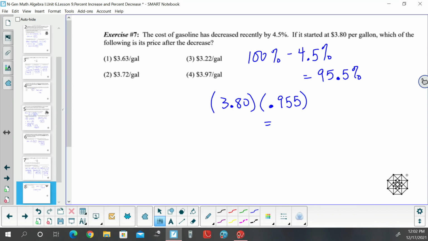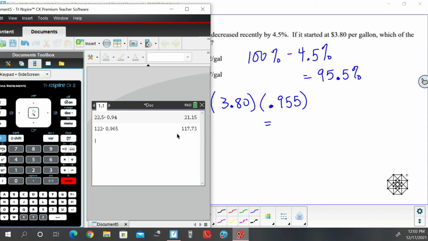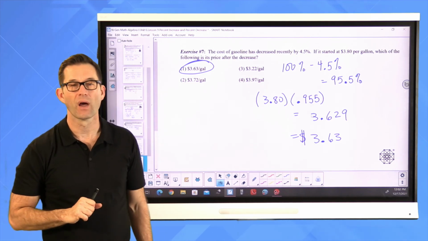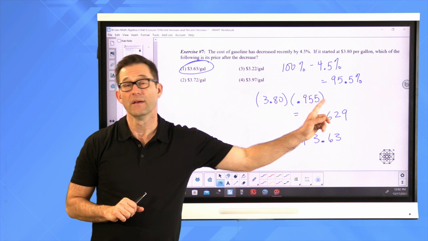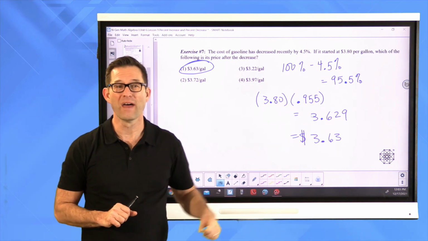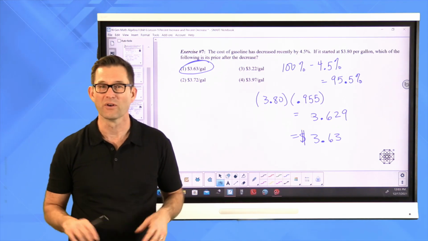I'm going to use my calculator now. 380 times 0.955, and I get 3.629, which is going to be $3.63 per gallon. Obviously you could actually have a price of gas like this. They oftentimes have a tenth of a penny on a gas price, which is weird, but whatever.